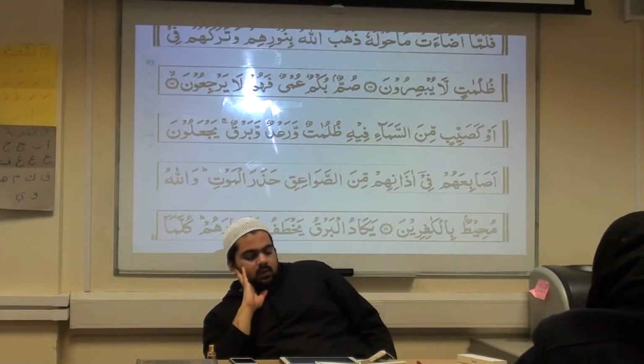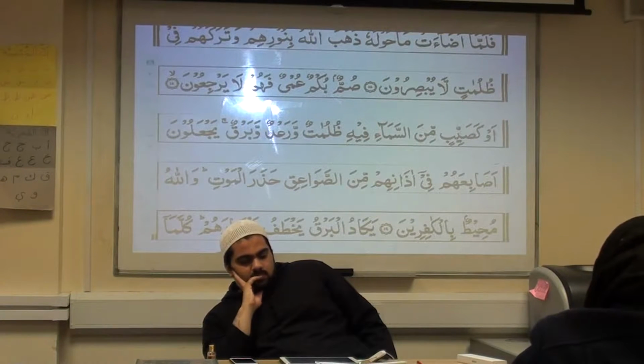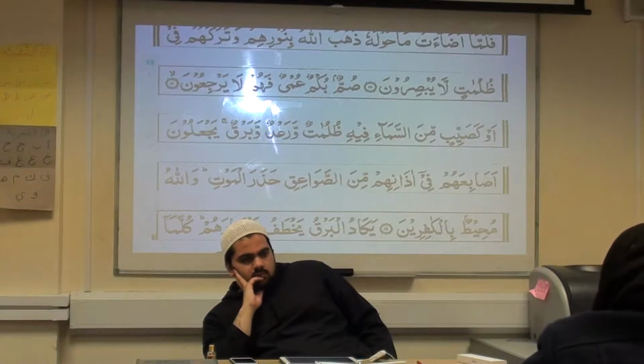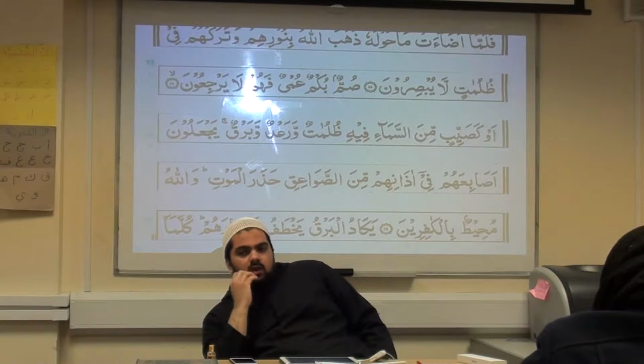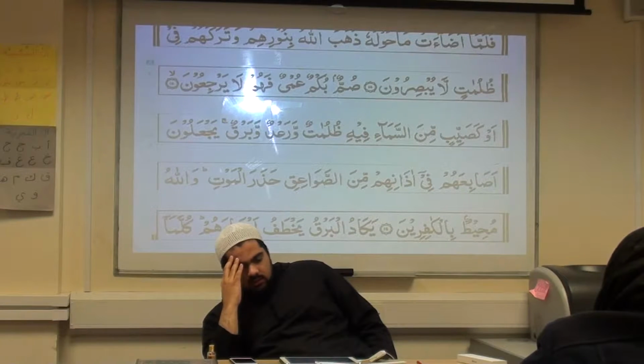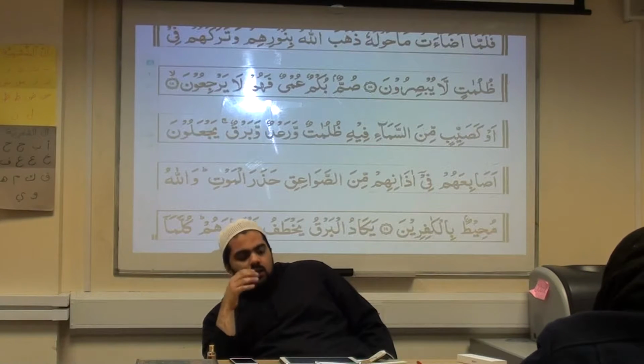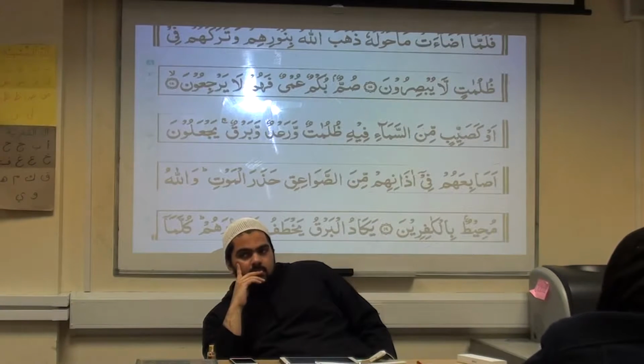They are not able to see. Good. Carry on. Sumun, bukmun, umyun. Sumun, bukmun, umyun is mubtada. Deaf, dumb, blind. Sumun, bukmun, umyun means not having the ability to hear, not having the ability to comprehend, not having the ability to see.